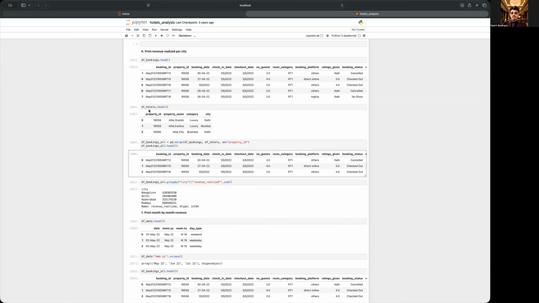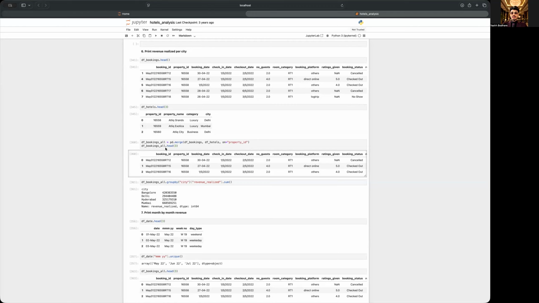Okay, so as there's no city column here, let's first find the city information. What we do is go to the data frame df hotels dot head, and there, as you can see, we get the city column. So I create a new data frame: df bookings all is equal to pd.merge(df bookings, df hotels, on property ID).